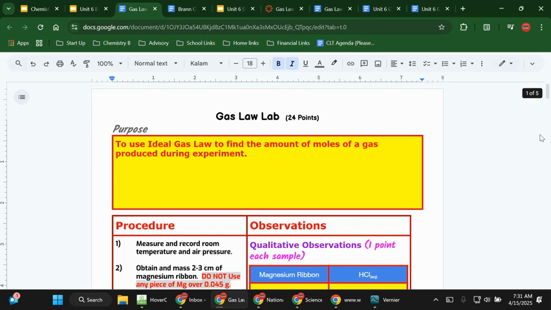The other thing in this lab, you are going to do the procedure twice. So you're going to do it, dump everything out, do it again from the start for 2 trials. Now, what that means is when you get to the calculation section at the end, it is set up for you to plug your numbers into the calculation.